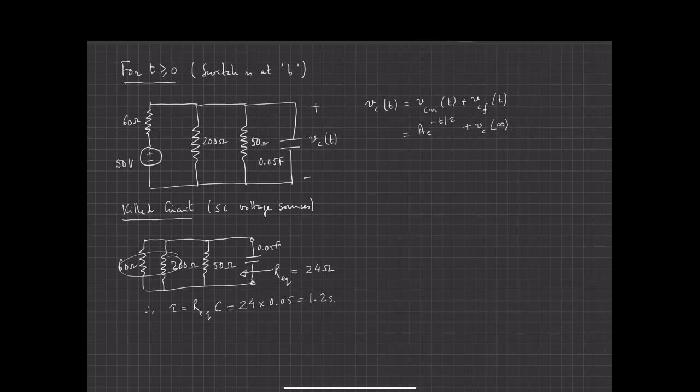And therefore I can immediately say Vc natural of t is equal to A e to the power of minus t over 1.2. All right? Okay. So I've now got tau.